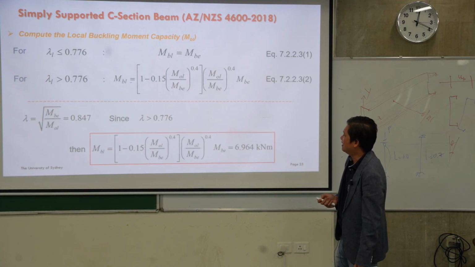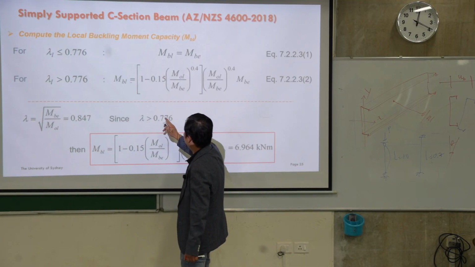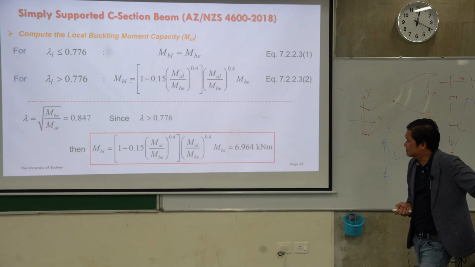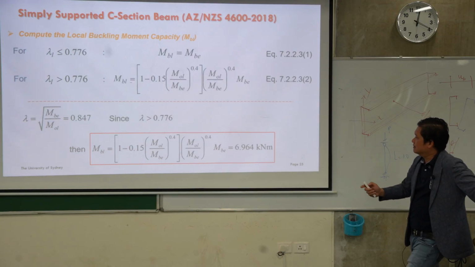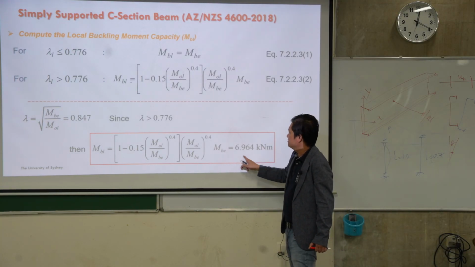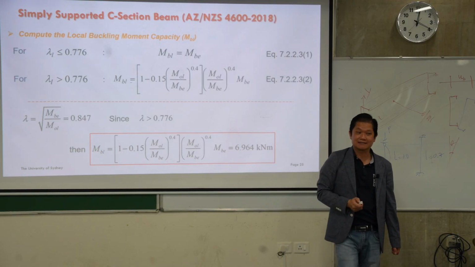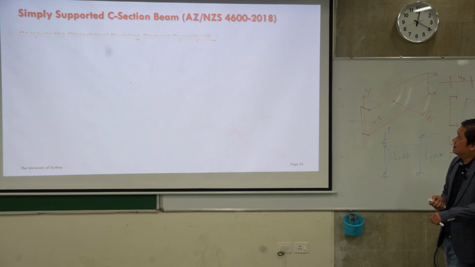Now we plug that in, we calculate lambda, the slenderness, and then we compare with the 0.776 for local buckling. Then you get that local buckling equation. You get MBL, the local buckling strength. Okay. And similarly, we move to distortional buckling strength.